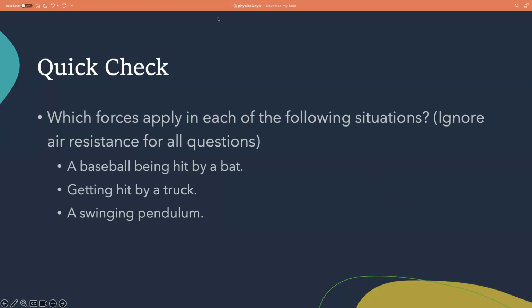Oh, also for the second one about getting hit by a truck, assume your feet are still on the ground. Like you're not getting sent off into space like some cartoon.